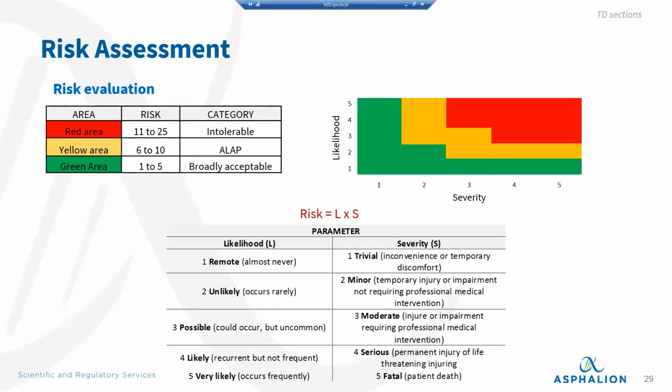Okay, this will allow you to do a re-evaluation, and the score will go down, because if you implement measures to prevent or mitigate the risk, the new score is going to go down. For instance, if it was a risk that happened recurrently but not frequently, and you manage to reduce it to unlikely, your score will go from 4 to 2. So reducing the final score and allowing you to accept this residual risk.